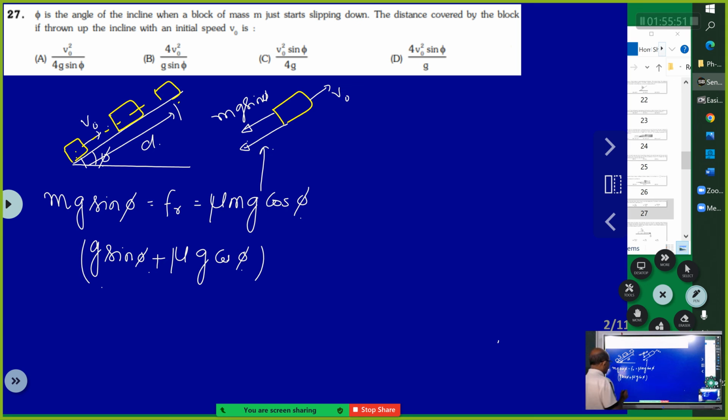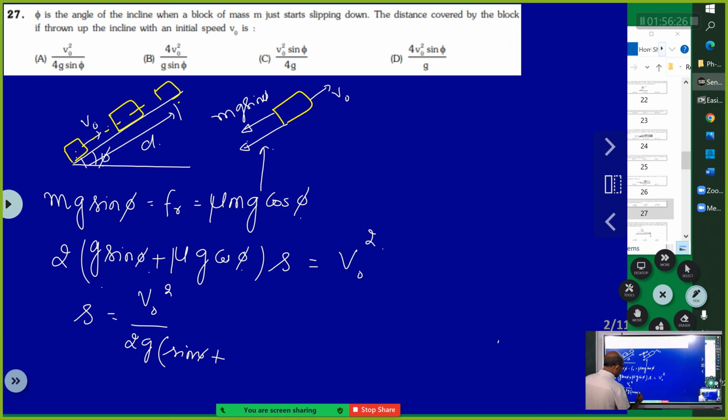So here the distance moved: V0 square is equal to 2aS, isn't it? So 2a into the distance moved must be equal to V0 square. So we get V0 square by 2g into (sin phi plus mu cos phi).